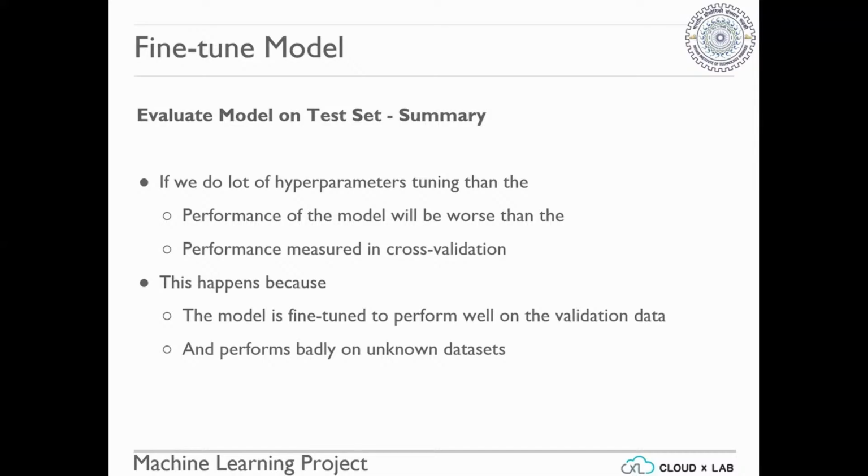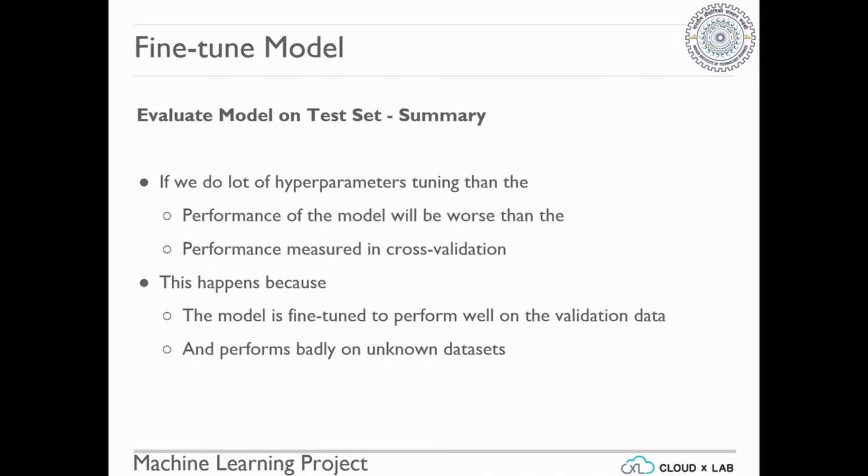So here the summary is that if you do over hyperparameter tuning, the performance of the model will not be good. Because in hyperparameter tuning, we are checking the performance of the model again and again using cross validation.